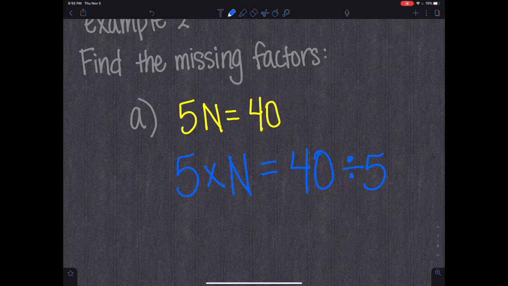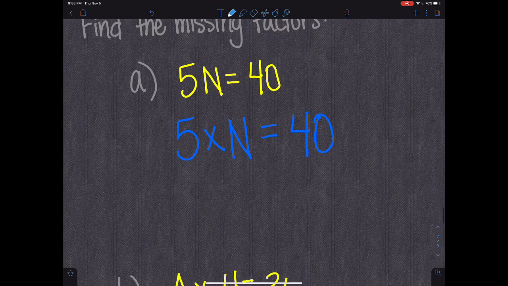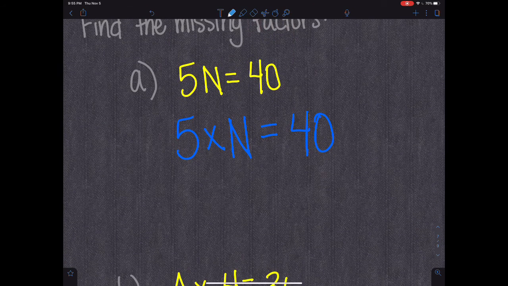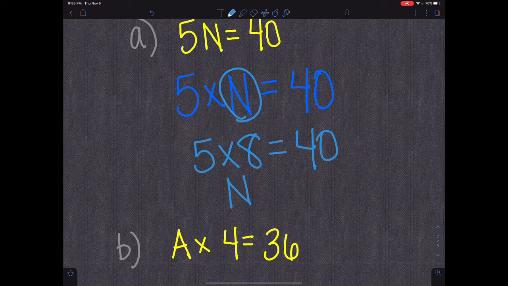And if you know division, then you can get it that way. Because division is the inverse operation of multiplication, so you could figure it out that way. But I know that you know your times tables, so you can figure out that the missing factor here is 8, because 5 times 8 equals 40. So the answer is going to be n is equal to 8. Okay, and that's the missing factor.